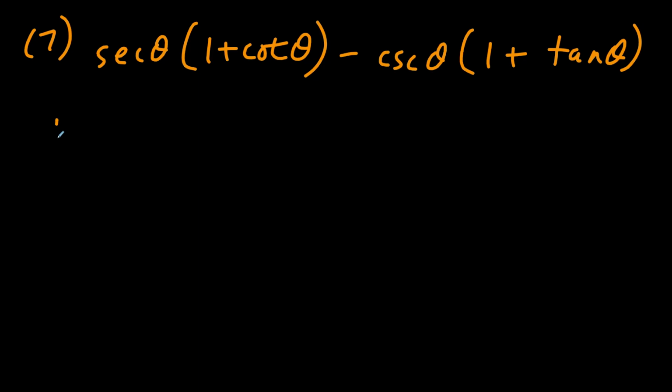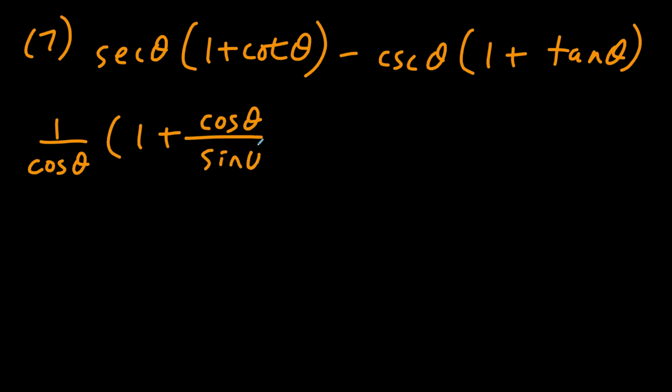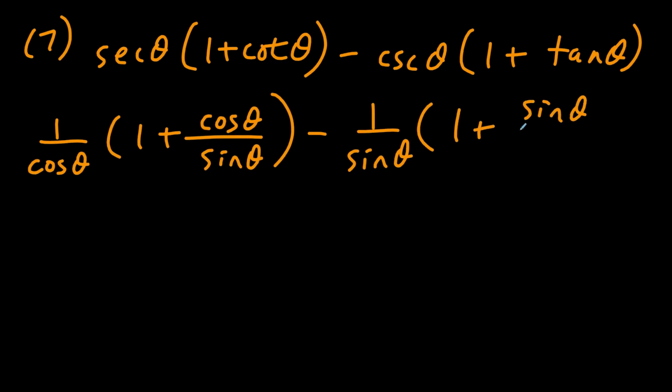I'm going to rewrite secant as 1 over cosine theta times 1 plus, and we're going to write cotangent as cosine theta over sine theta. Then minus cosecant theta, which is 1 over sine theta, times 1 plus tangent theta, which is sine theta over cosine theta.